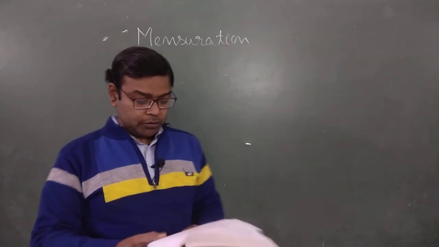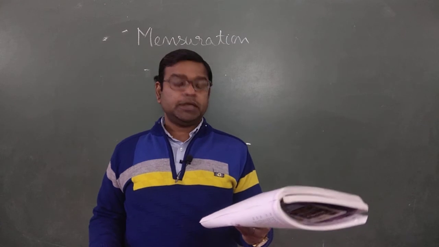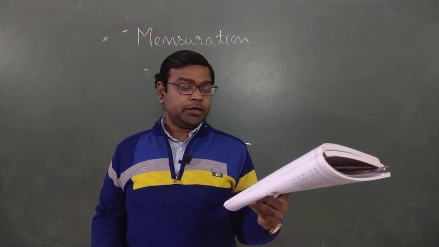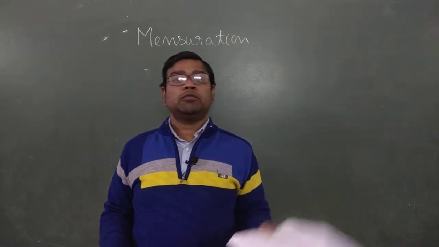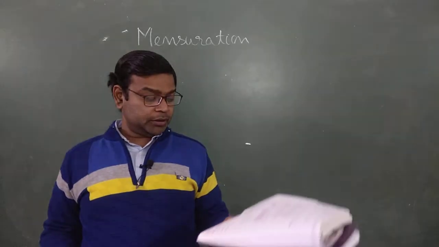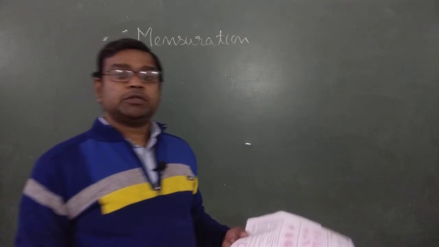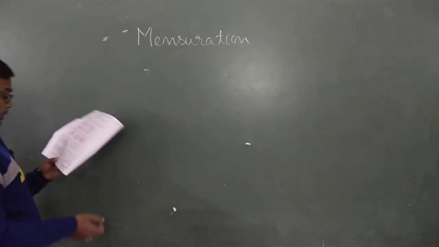The next question says: what is the cost of tiling a rectangular field 500 meter long and 200 meter wide at the rate of rupees 7.5 per 100 square meter? So one by one we solve this question. Here it's a rectangular field.